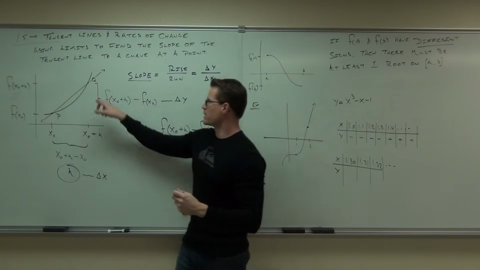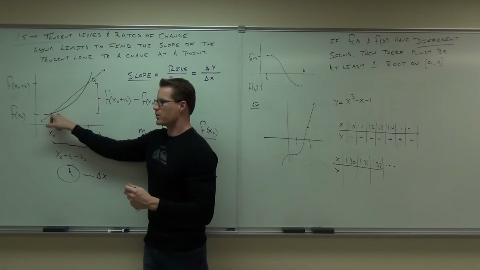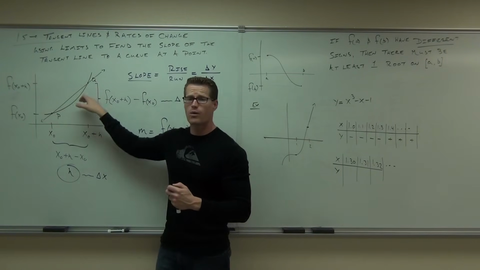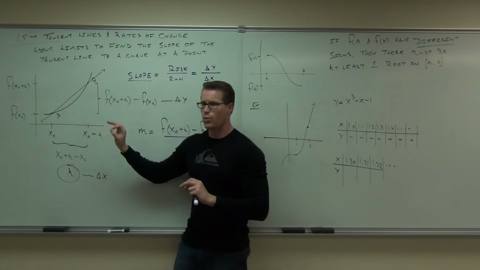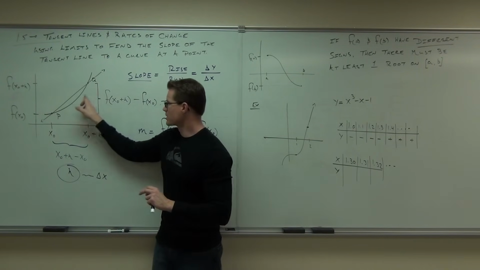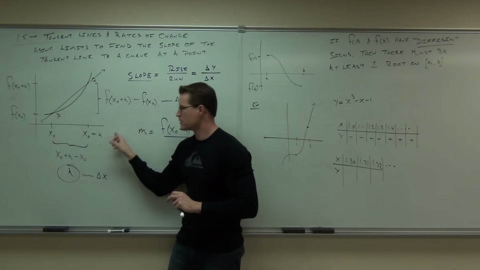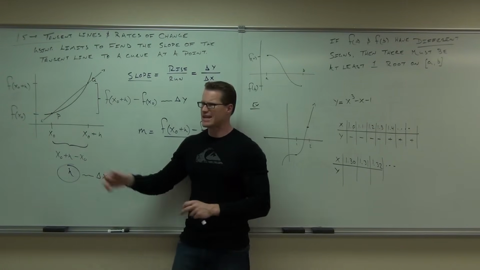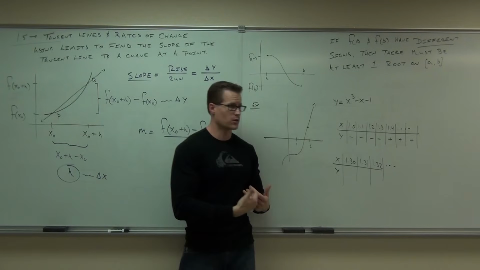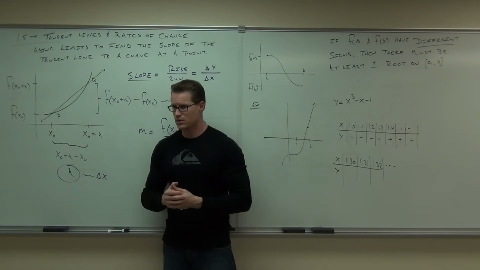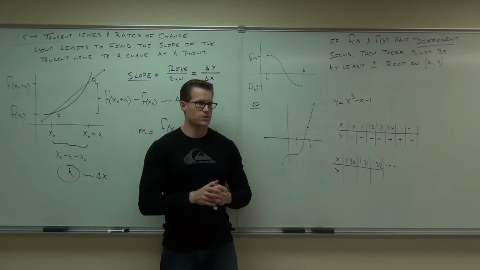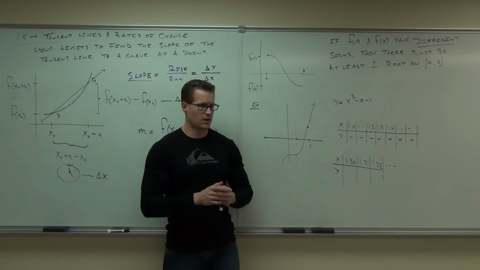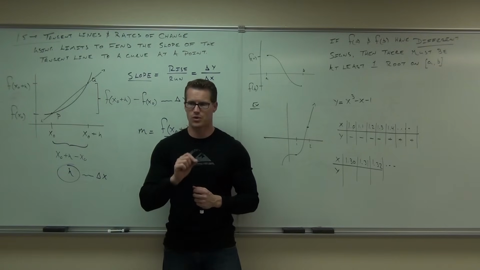We want to let point Q get really close to point P. How are we going to do that? We can't change x sub 0, that's fixed. What are we going to do to let this get close to that? What happens? Does h get bigger? Does h get smaller? How much smaller? Infinitely smaller. Infinitely close. In other words, that means let h approach 0.